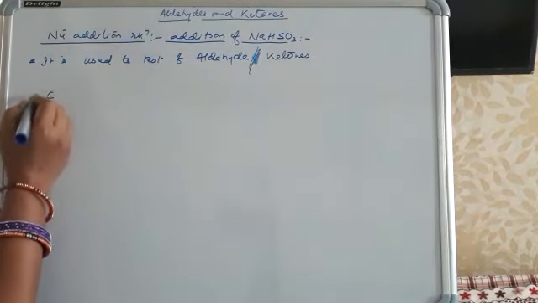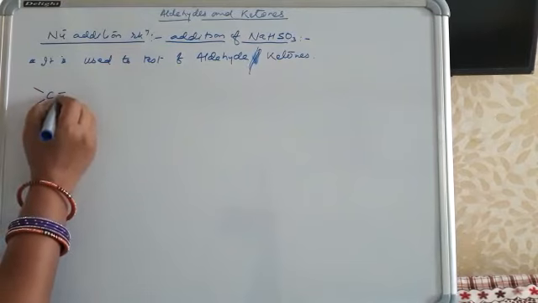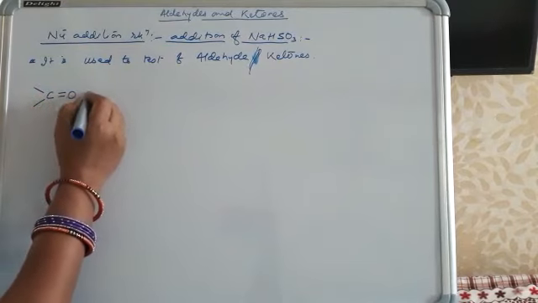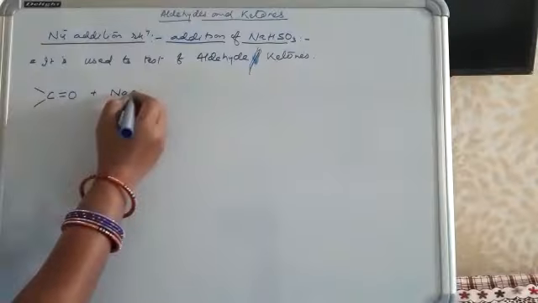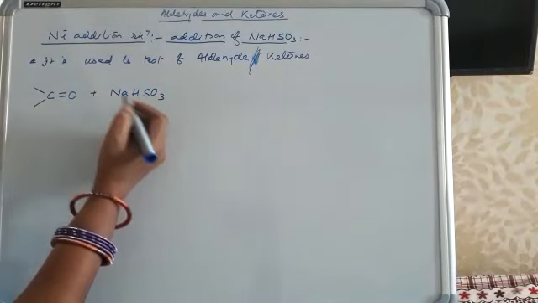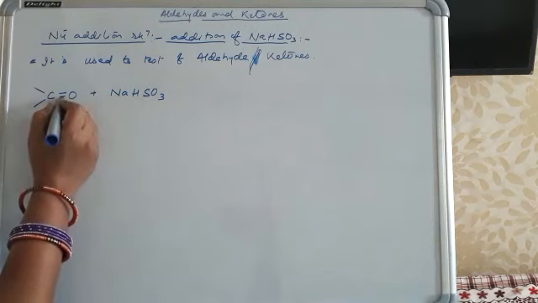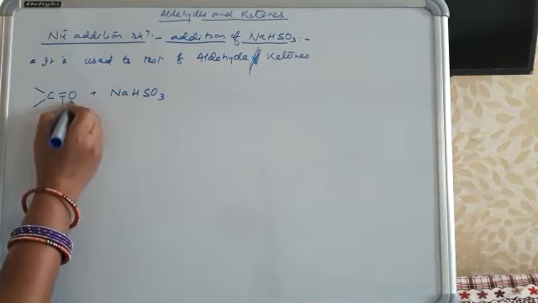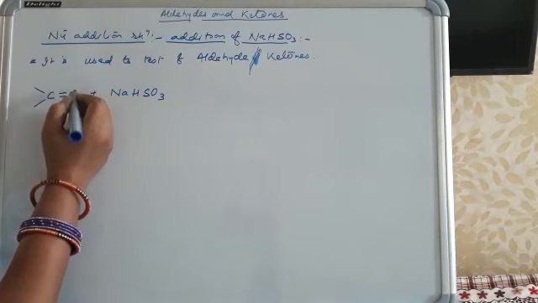See the reaction. What happens when carbonyl group is treated with sodium bisulfite or sodium hydrogen sulfite? As we know, this pi electron shifted towards the more electronegative oxygen atom.